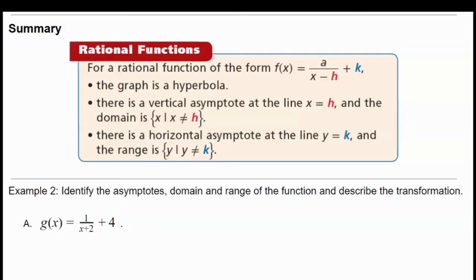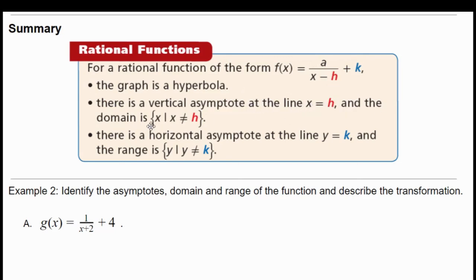Here we have our summary, everything that we've done so far and discovered of rational functions. For a rational function in the form of f of x equals a over x minus h, plus k, we understand that the graph is a hyperbola. There is a vertical asymptote at the line x equals h.